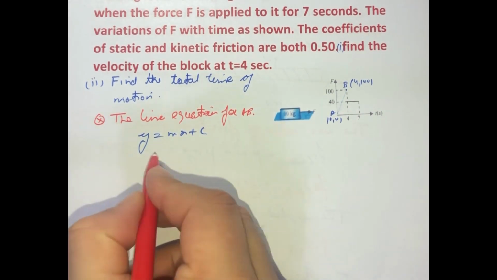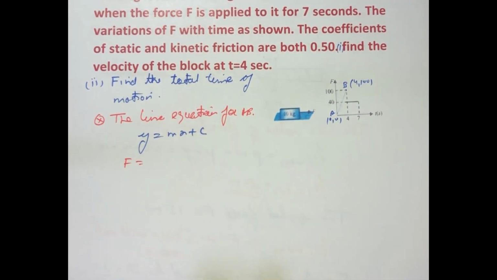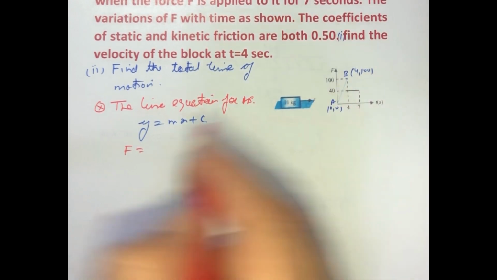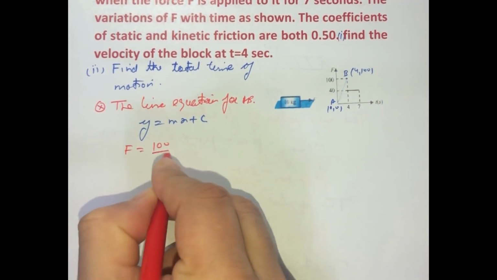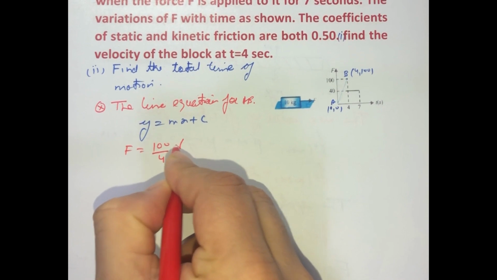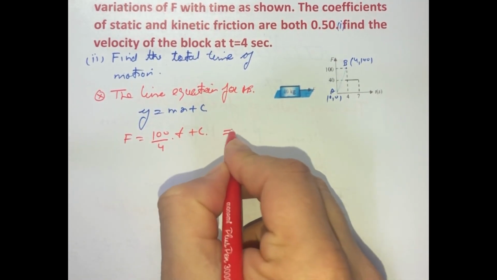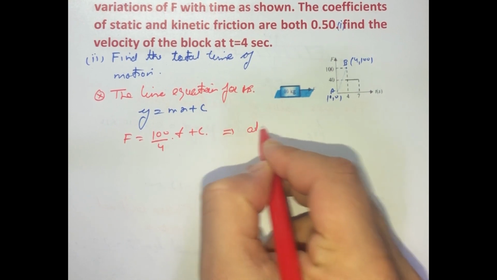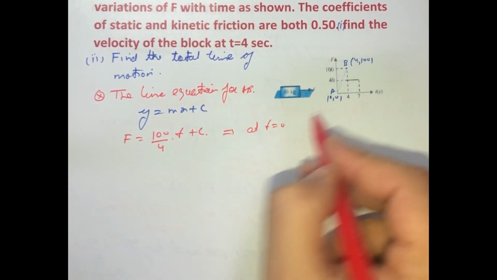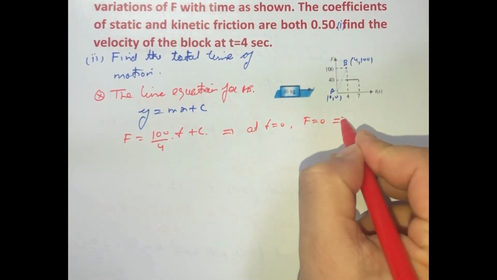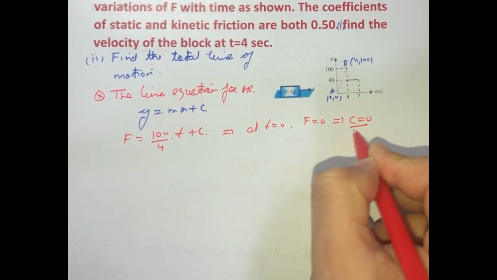So F equals 100 divided by 4 times t plus c. For the calculation of c, at t equal to 0 the force is 0, therefore c is also 0.